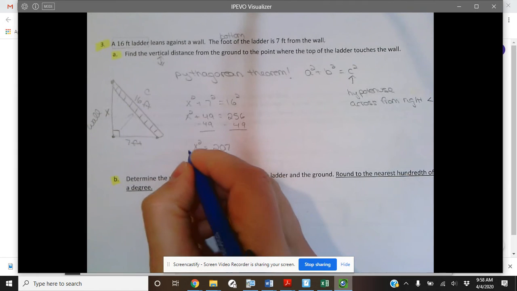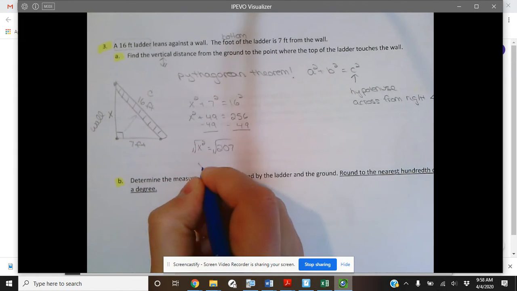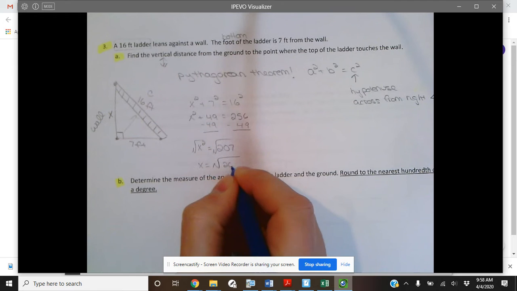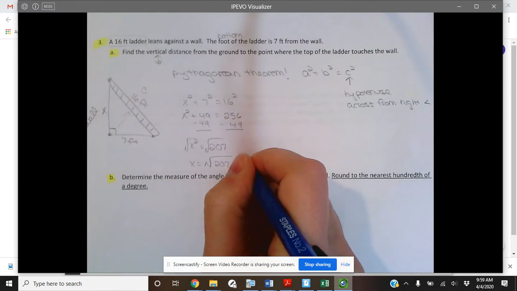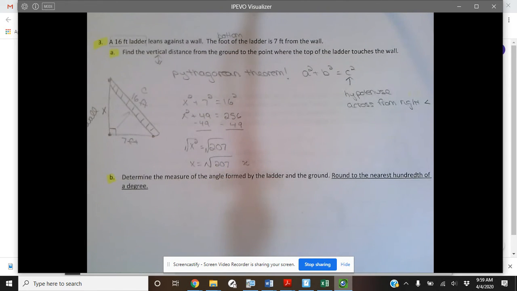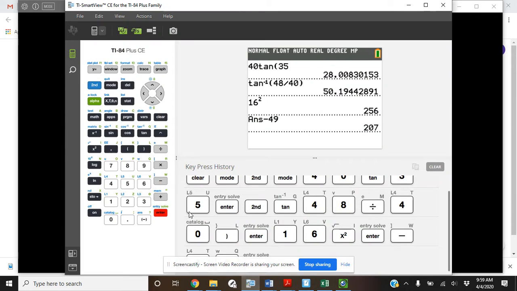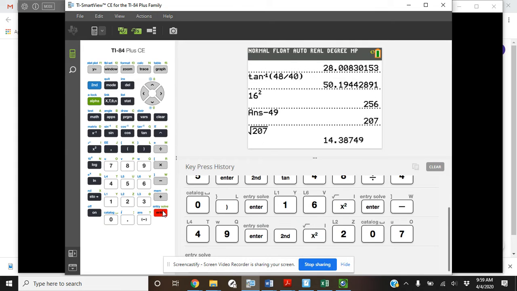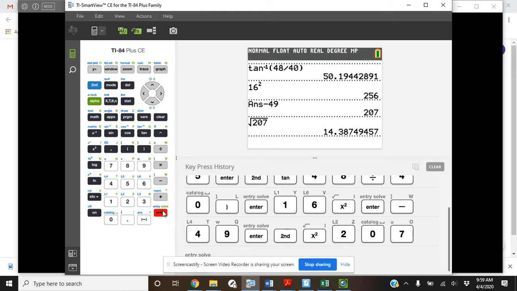And then last but not least, I need to square root both sides. So I know it's going to be the square root of 207. And let's see what that approximation is. When we type it into our calculator, second, the square button gives you the square root, 207. So that's going to be approximately 14.4, and I believe it's feet, yes.